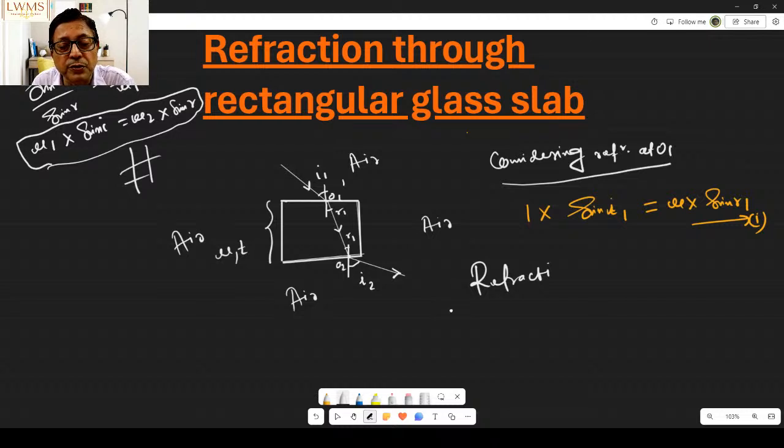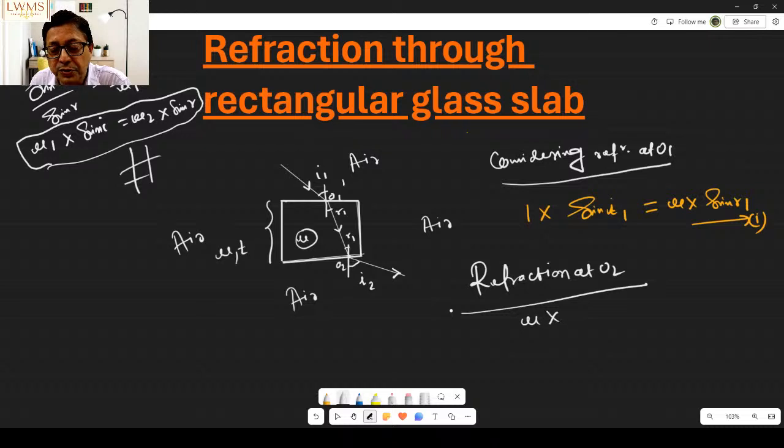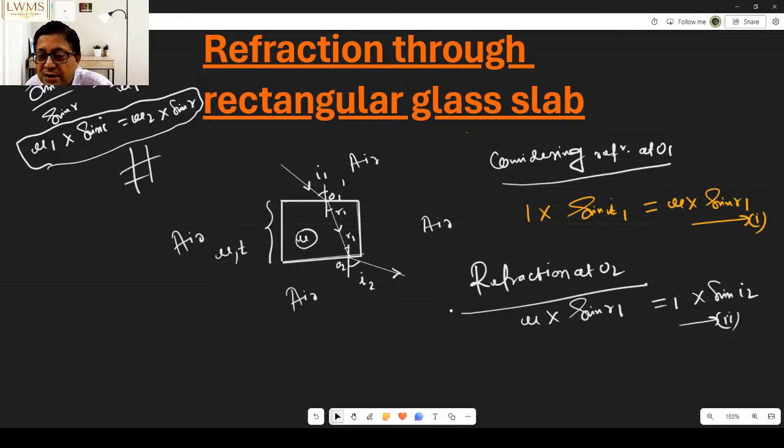This point is O2. Refraction at O2, what do you observe? This has refractive index mu. So mu into sin R1 equals 1 into sin I2. Clear? You understand? By generalized Snell's law we get this.